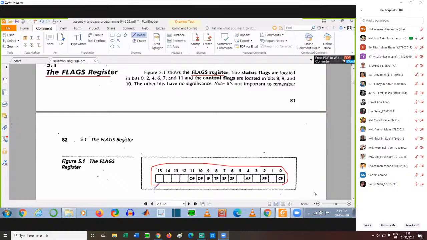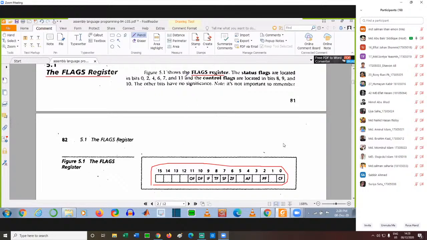This 16-bit register is called the flag register. The bits start from 0, 1, 2, up to 15, so in total there are 16 bits, and each bit indicates the status of the operation. That's why these are called flag registers.